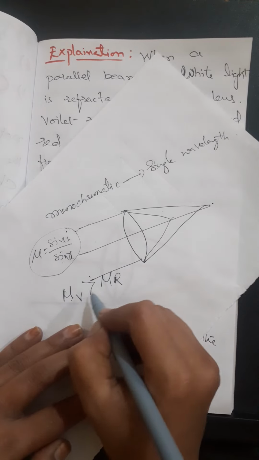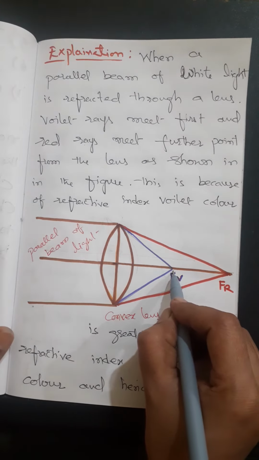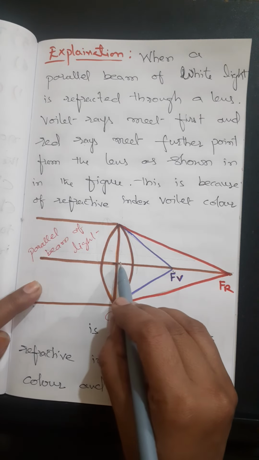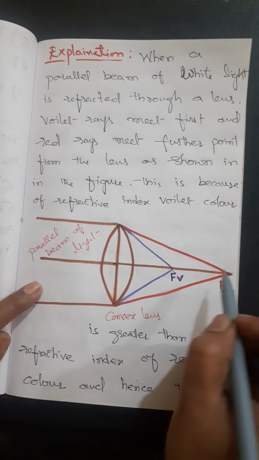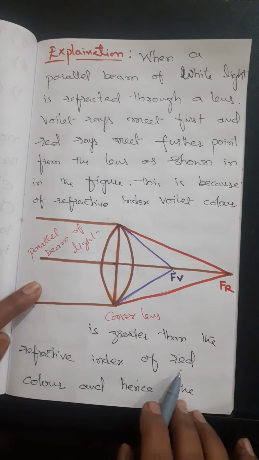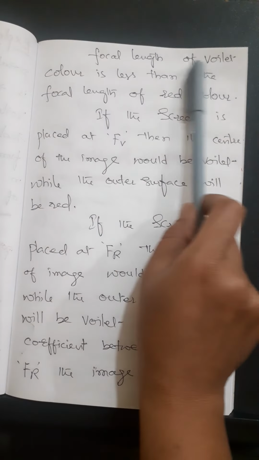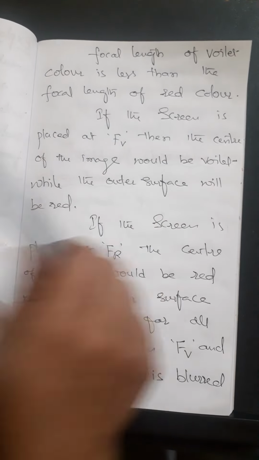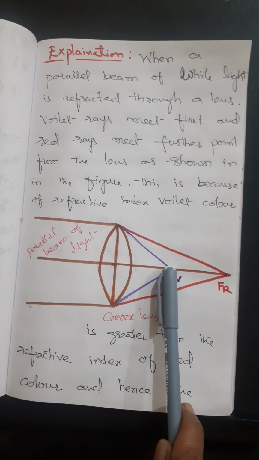So mu v is greater than mu r, that's why violet meets first, due to which the focal length of violet is less than the focal length of red. What is focal length? It is the distance between the lens and the focusing point.